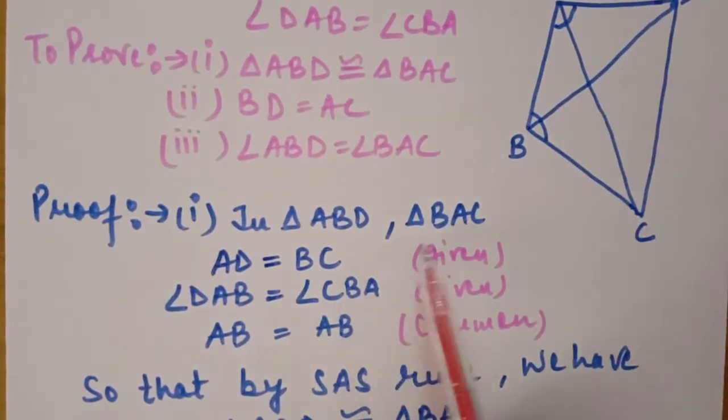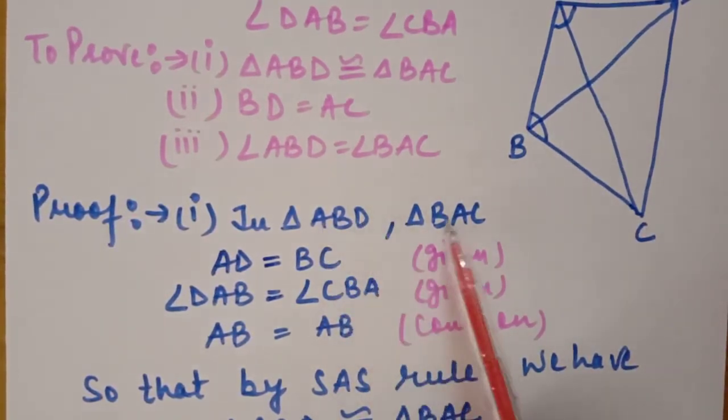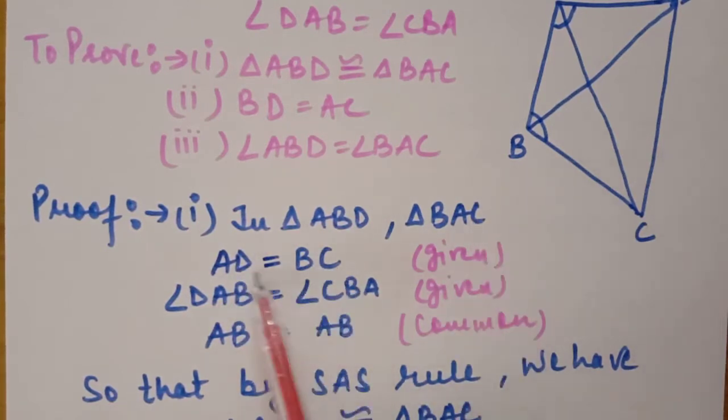Let me check whether they are corresponding parts or not. AD and BC are corresponding parts, and the reason is given. So students, remember one thing: reason is the most important in these geometry chapters, like chapter number 6, chapter number 7. Without reason it is incomplete. So it is compulsory to write the reason here.